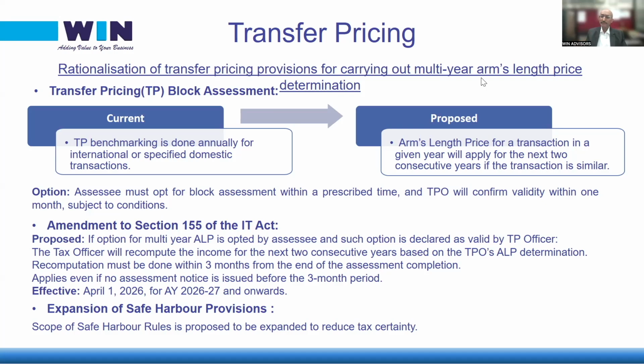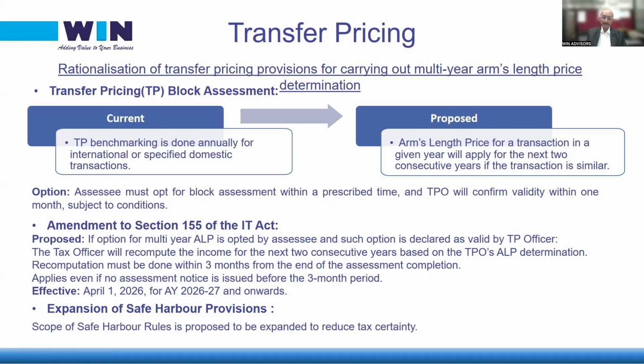So this is also going to be a lot of benefit to the taxpayer if they opt for it. And this is in line with international best practices. They also said that the safe harbor provision will be expanded to include more transactions.